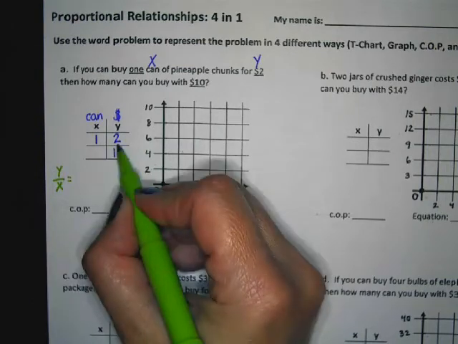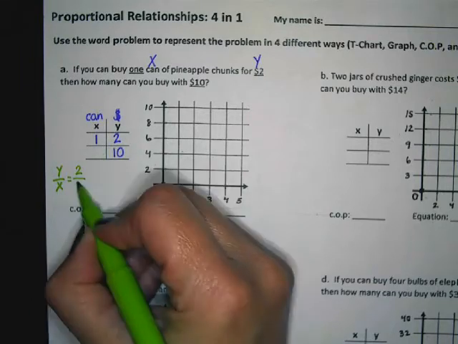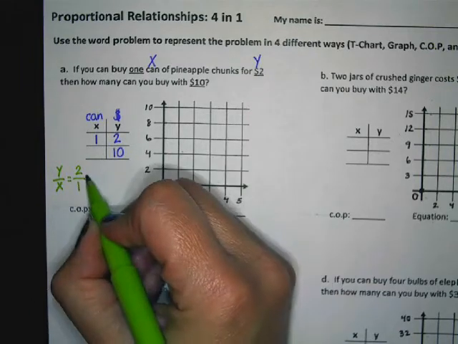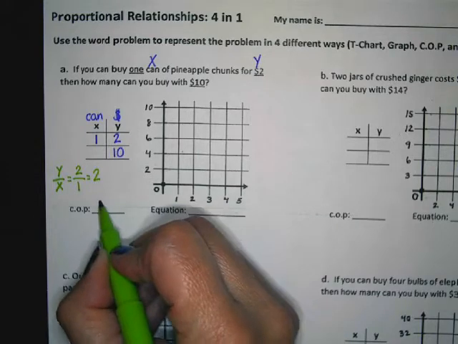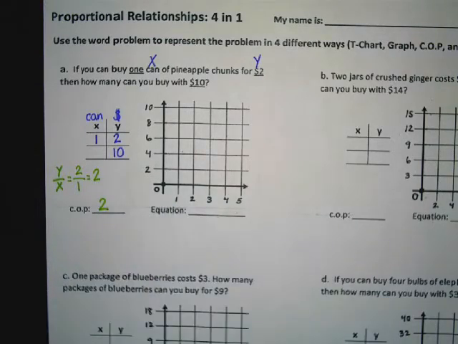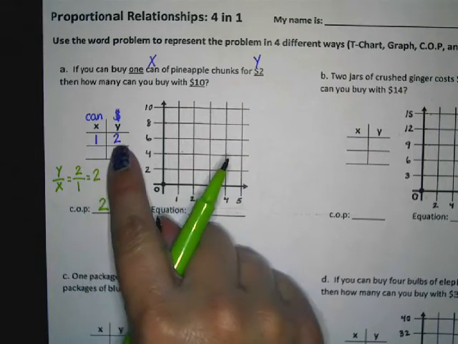So our Y value would be 2, our X value is 1. So in this case, our COP is going to be 2, because 2 over 1 is the same thing as 2. Now what that is telling us is that this is what we can multiply our X value by to get our Y value.